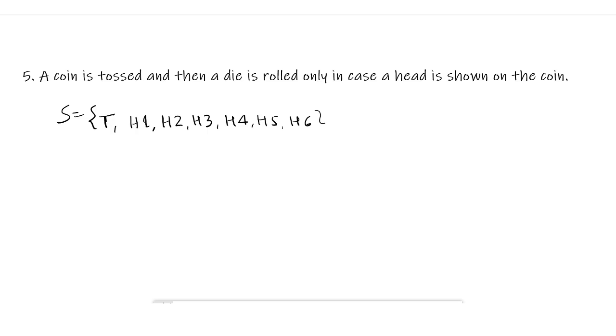These will be our sample points, and these are the elements in the sample space: T, H1, H2, H3, H4, H5, H6. So this way, when a coin is tossed, there will be these outcomes.